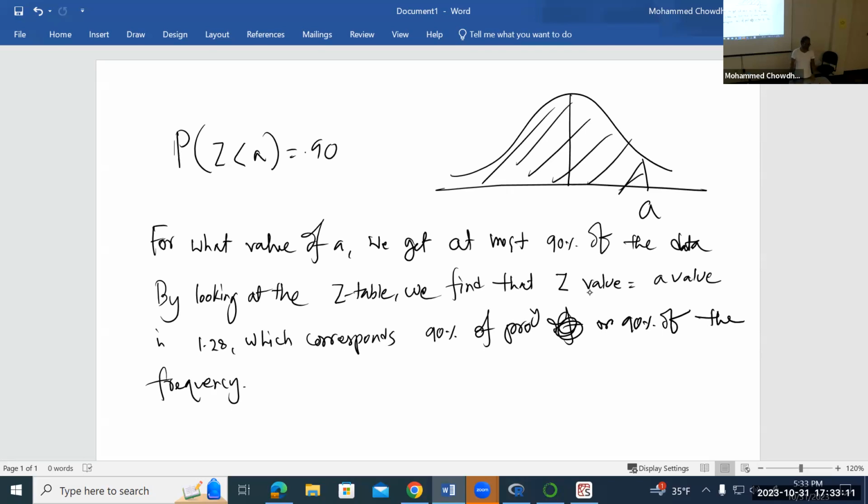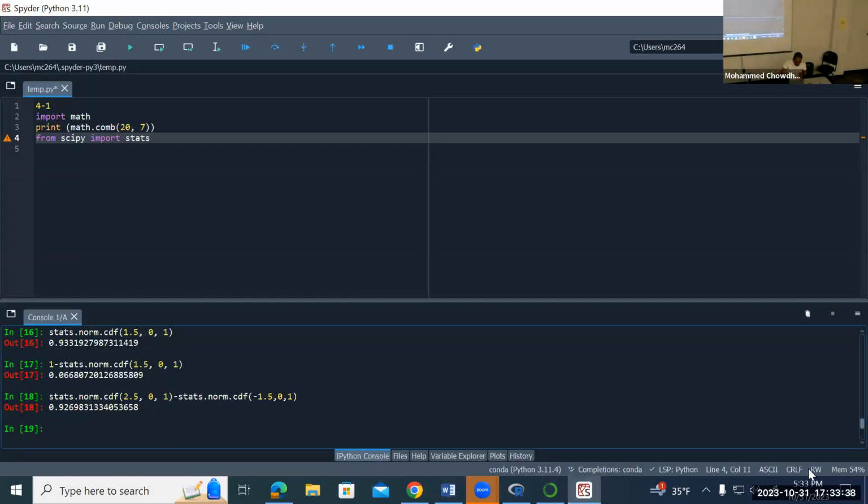Now, how can I compute these things by using Python? Could you find that? So what do you search: Python code for inverse normal quantile. Python code for normal quantile.